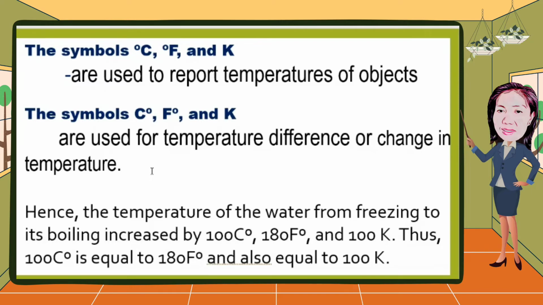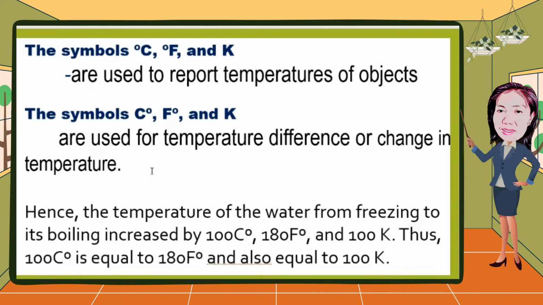So for example, you are asked to give the interval or the temperature difference in Celsius. So you will say 100 Celsius degrees. Okay? Or 180 Fahrenheit degrees.